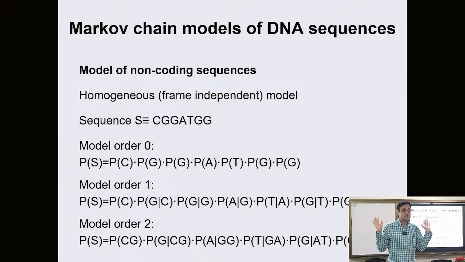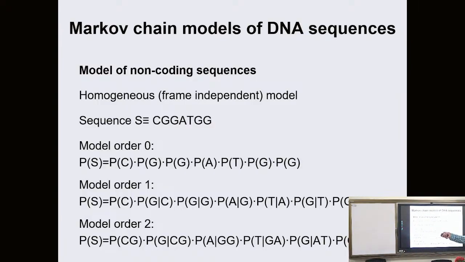Which means that you don't have to consider the codon positions. Of course, non-coding sequences do not code for proteins, so you can ignore the positions, and what you can do is make a homogeneous Markov chain model of non-coding sequences. Homogeneous means not considering the positions, homogeneous with respect to the positions.